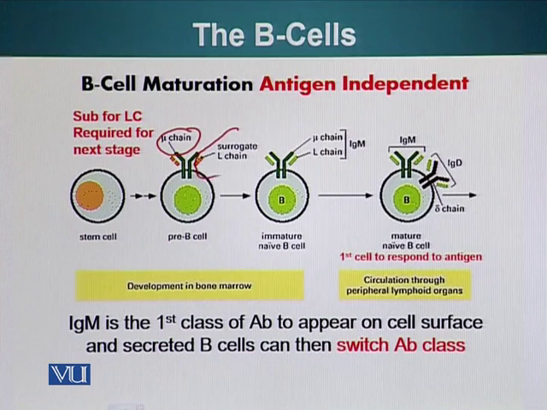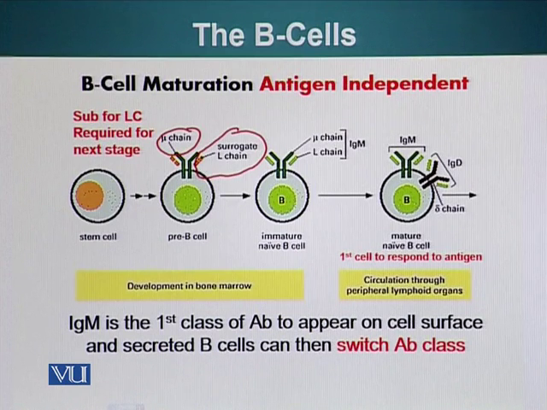Remember, we have to have our proteins in proper conformation. So in order for these mu chains to have proper conformation, they have to interact with some type of light chain. Initially, they interact with surrogate light chains. These surrogate light chains substitute for the normal or proper light chains, which happens in the next stage.